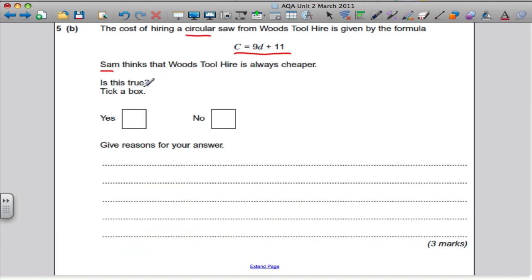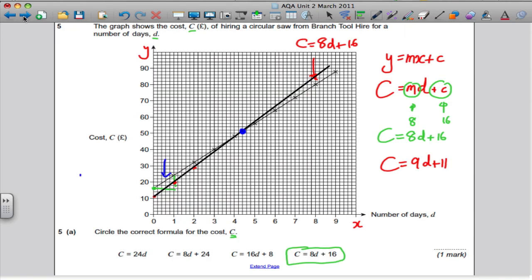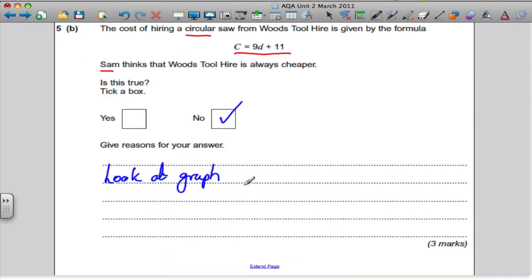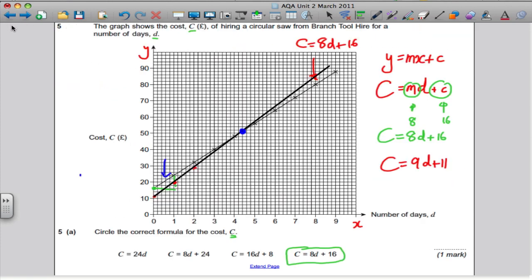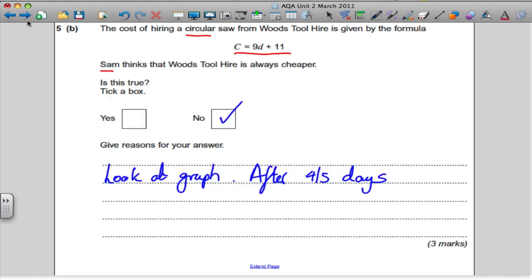So I would tick no, and I would state, look at graph, and I would say it's about 4.5 days. After 4 or 5 days, Wood tool is actually more expensive. Okay, and simple as that.